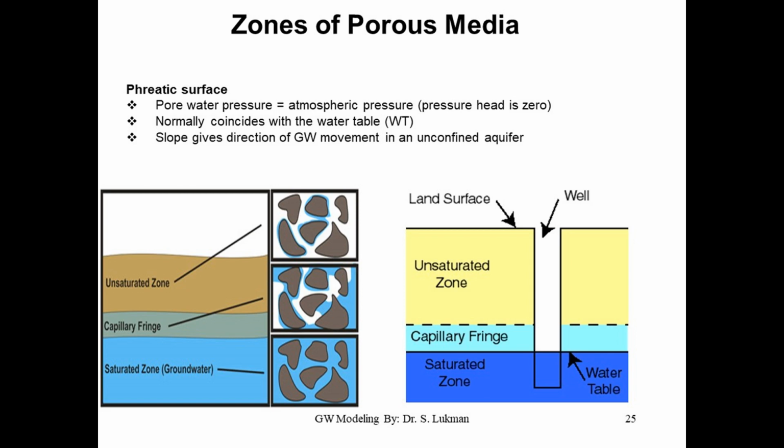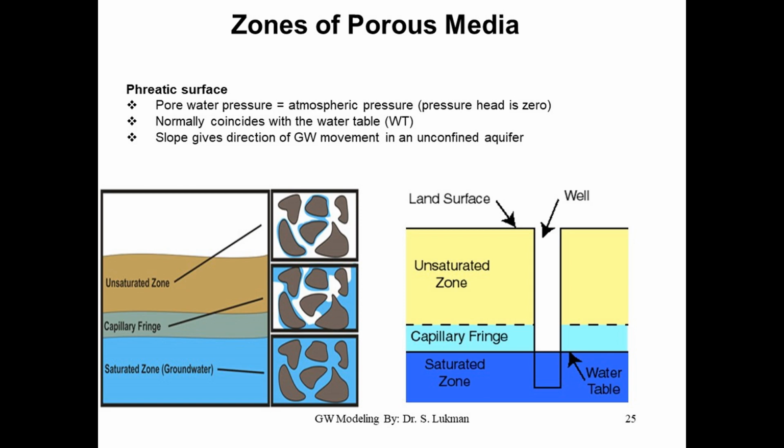Now, the pressure here is atmospheric. When you go down, you have a column of water, isn't it? That will create additional pressure in addition to the atmospheric pressure. Okay? So the pressure at a point will be given by the atmospheric pressure plus the pressure due to the height of the water column above it.